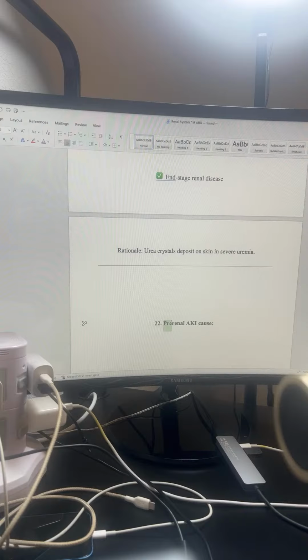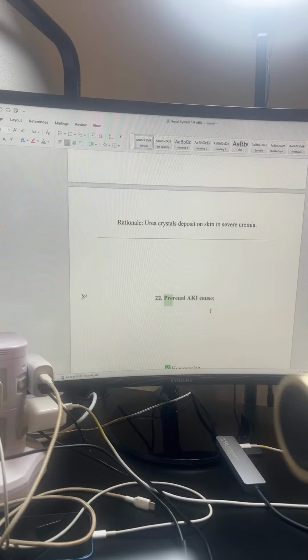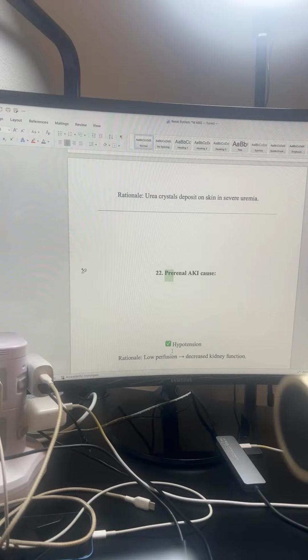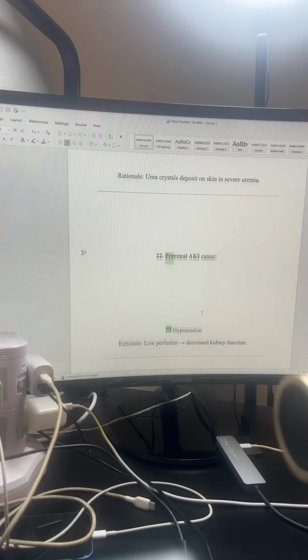You're going to have pre, then you have intra and post-renal. Severe drop in blood pressure to the kidney, hypoperfusion, reduced cardiac output. Nice. So low perfusion and hypotension lead to decreased kidney function. So that's pre-renal.